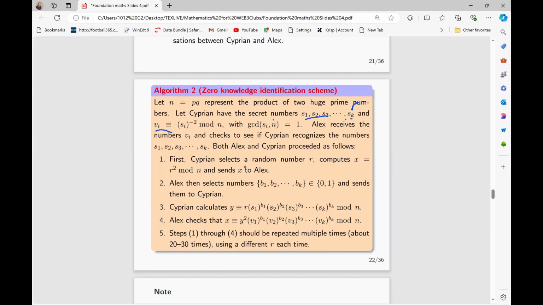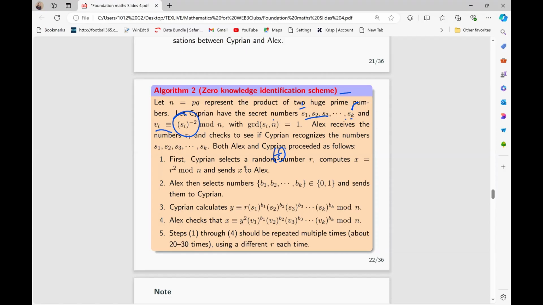Then you get the square. One out of this, then is square. Then when you square, just as we did in the previous example, you send Alex the square.